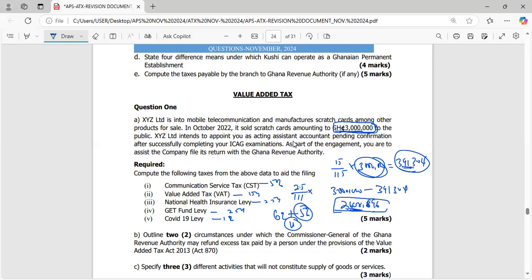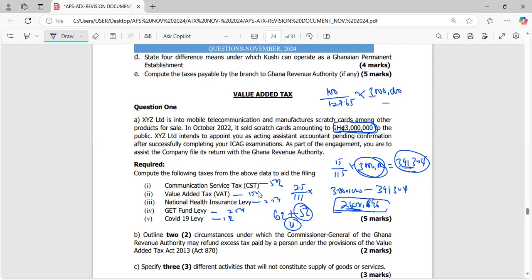That is one approach. The second approach I was saying is that there's a communication service tax here, so the base will be 127.65. If you want to know the original amount on which they charge the VAT, the levies, and communication service tax, do 100 divided by 127.65, multiplied by the 3 million.